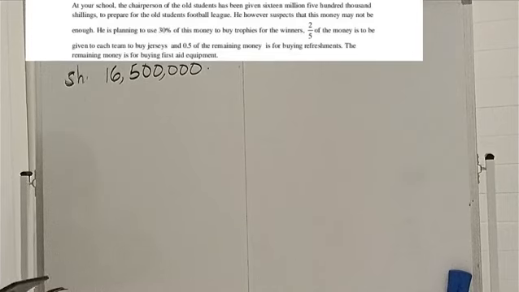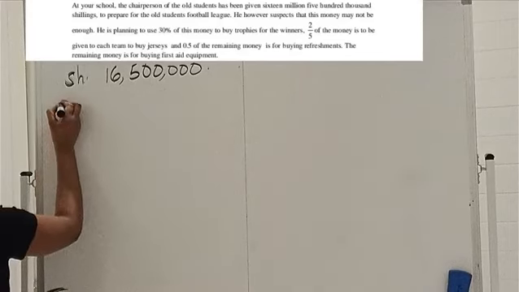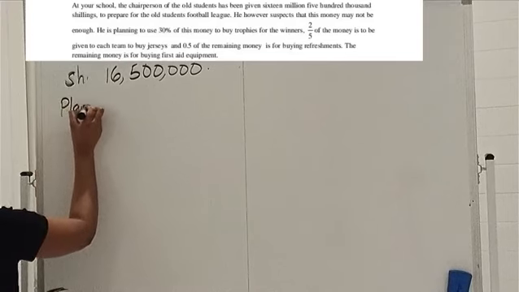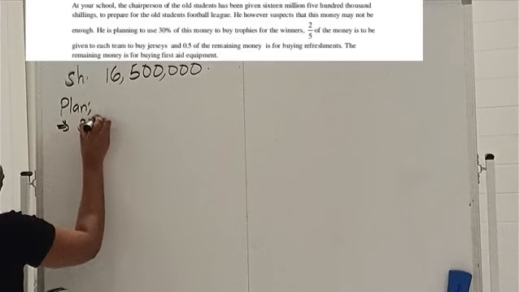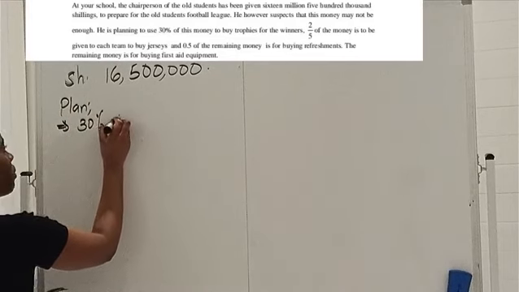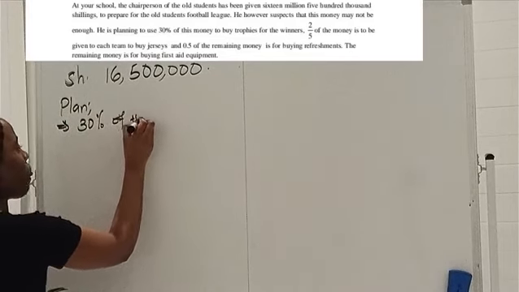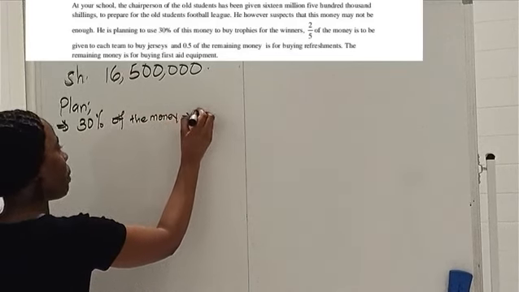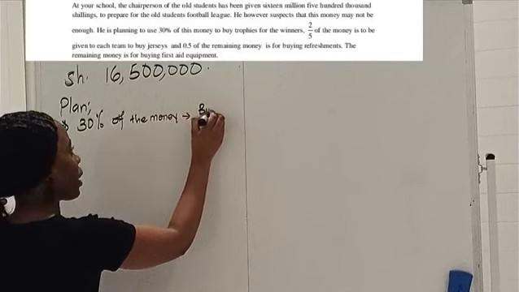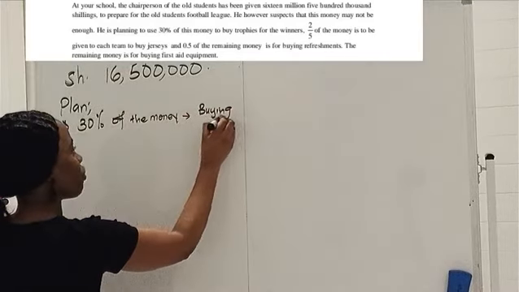He's planning to use 30% of the money to buy trophies. So this is the plan. The first one is 30% of the money. That will go to buying trophies.